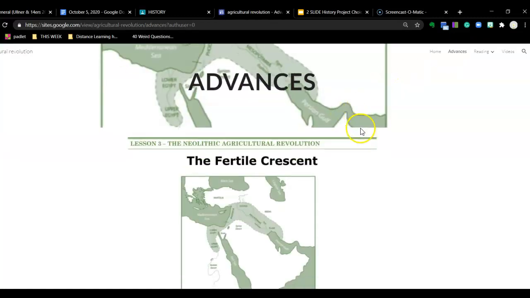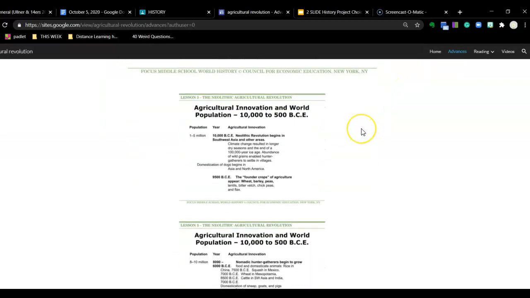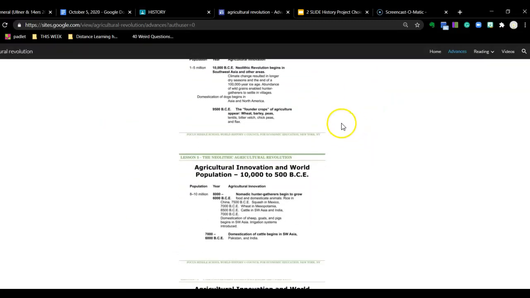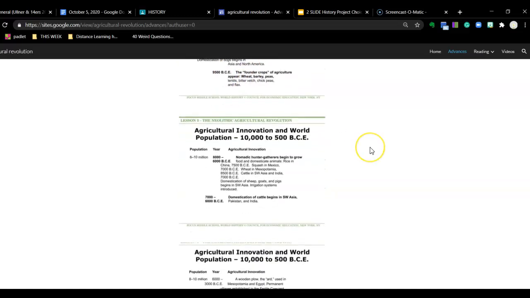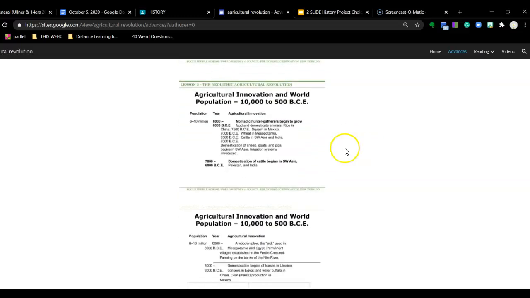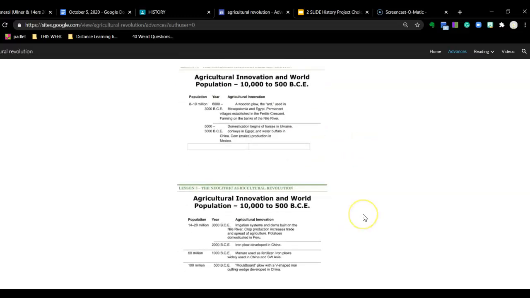It looks super factual, not terribly interesting, but when you look at the details, it gives you agricultural revolution innovations and the dates. So if you're looking for articles you can read, you can get some ideas here, and then watch the videos again or look through your notes for information that could help you add details to this.